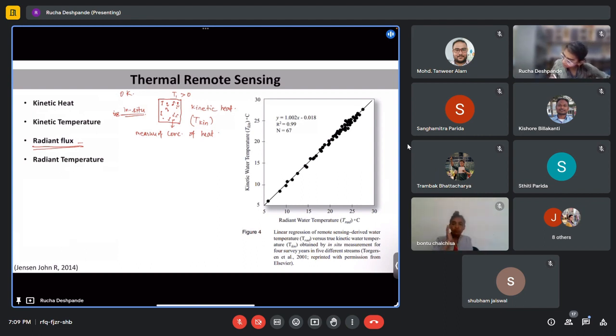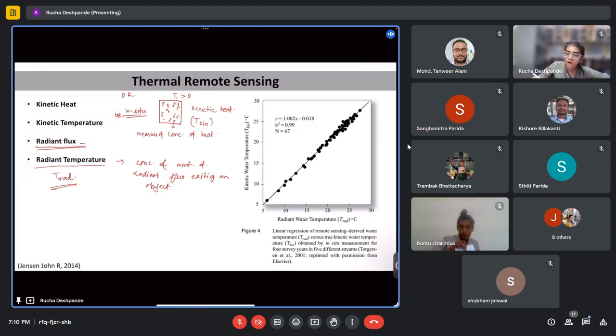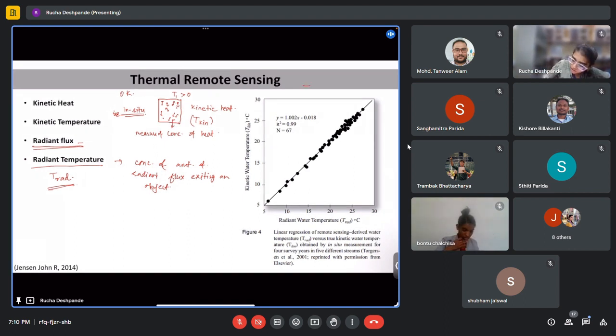And then radiant temperature is the concentration of the amount of radiant flux exiting an object. So this is T rad. It has been observed that there is a very direct correlation between T kin and T rad.